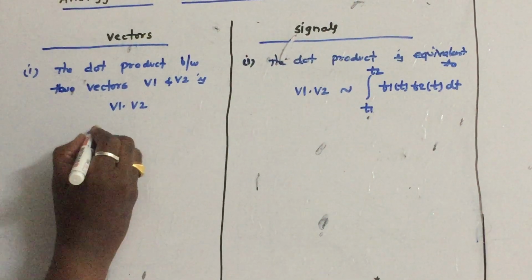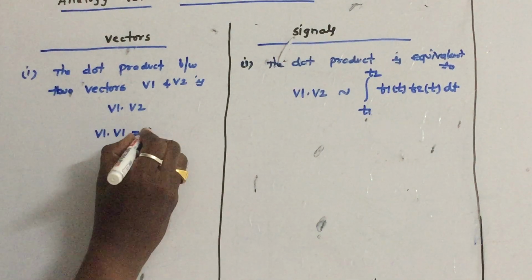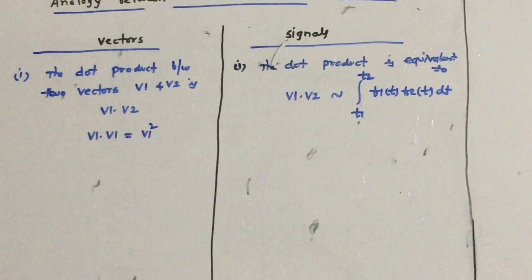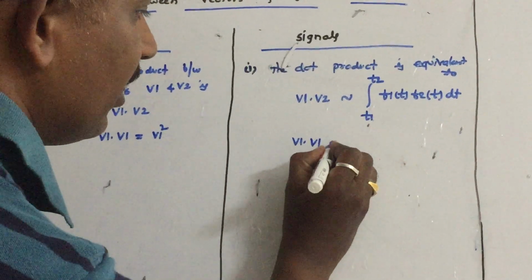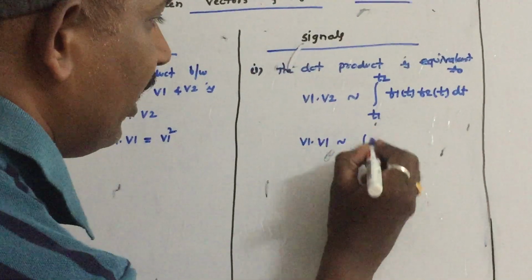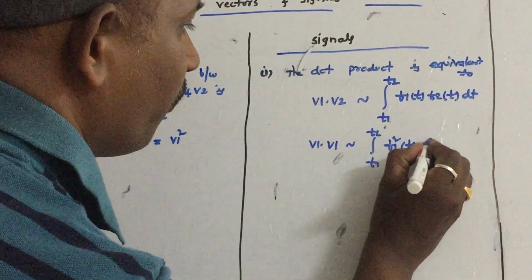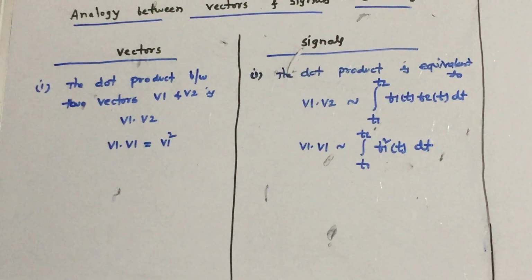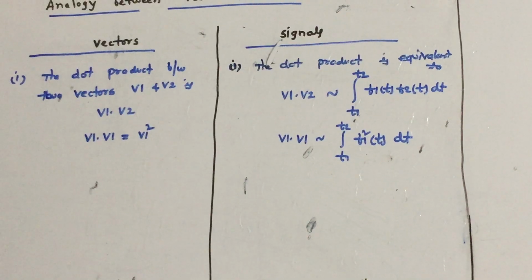So now the dot product between the vectors v1 and v1 is, what is the formula? v1 square. Similarly, here v1 dot v1 is equivalent to the integral from t1 to t2 of f1 square of t dt. That is the first point.